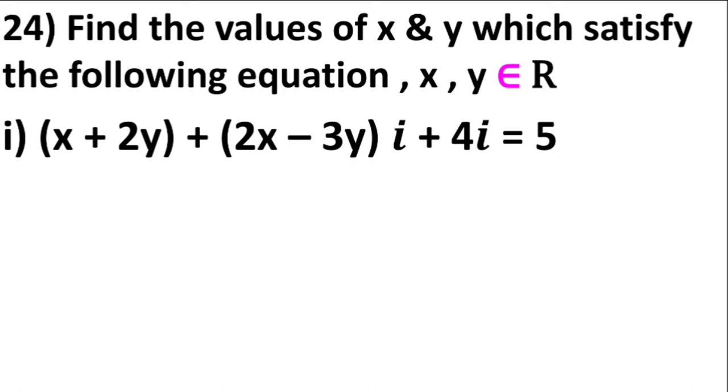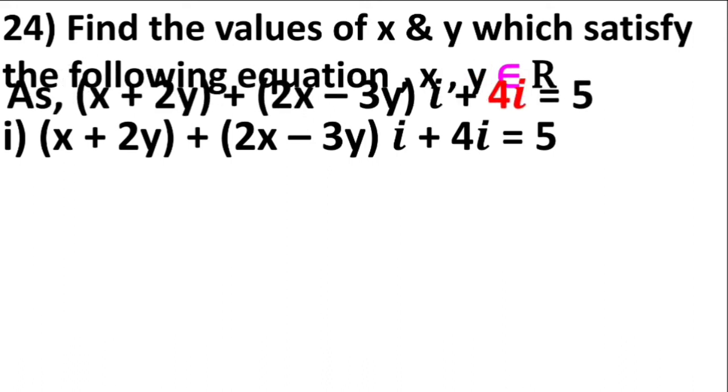For this, first you arrange both the sides. See here LHS is real plus imaginary, again it is imaginary. So this 4i transfers to the RHS side, that becomes 5 minus 4i. Then directly you compare. Then you will get two linear equations, and solving simultaneously you will get x and y.